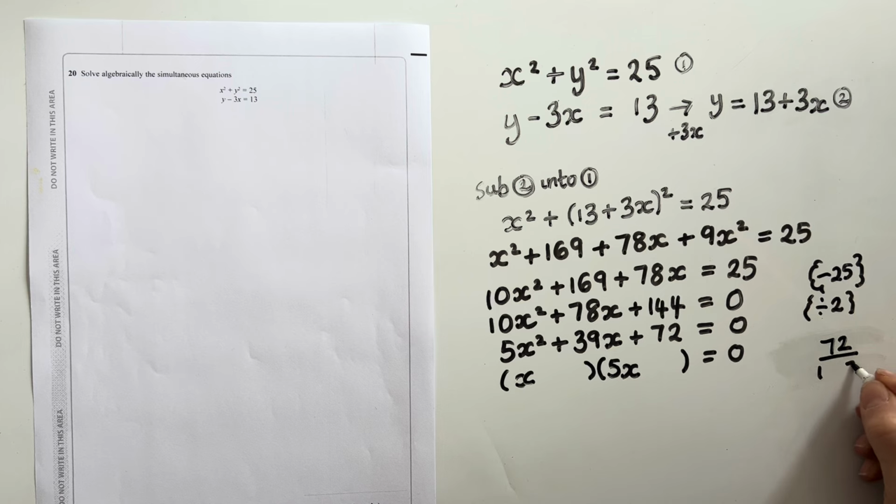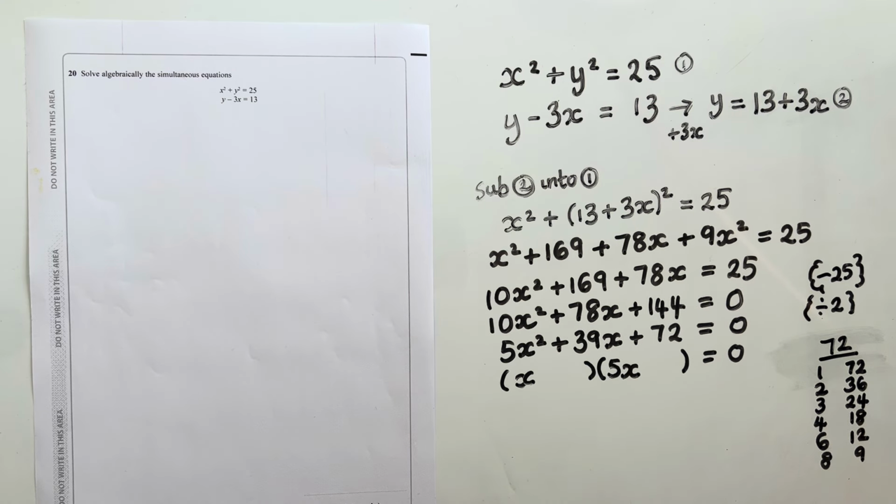So we can see that the factor pairs of 72 are 1 and 72, 2 and 36, 3 and 24, 4 and 18, 6 and 12, 8 and 9.